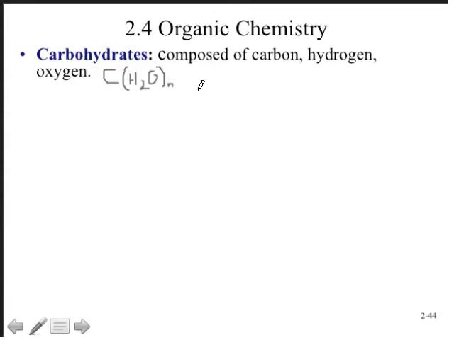So whenever you see a carbon-containing compound that has twice as many hydrogens as it does either oxygens or carbons, you can be reasonably well assured that this is a carbohydrate.